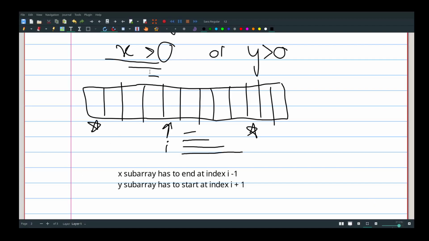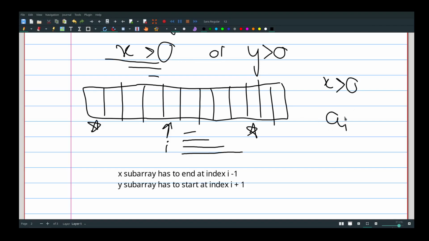So all we have to do is check for all of these subarrays and check if any one of them is greater than 0. Because if they're greater than 0, you can just pair them up with a of I and break the inequality. So say x was greater than 0.